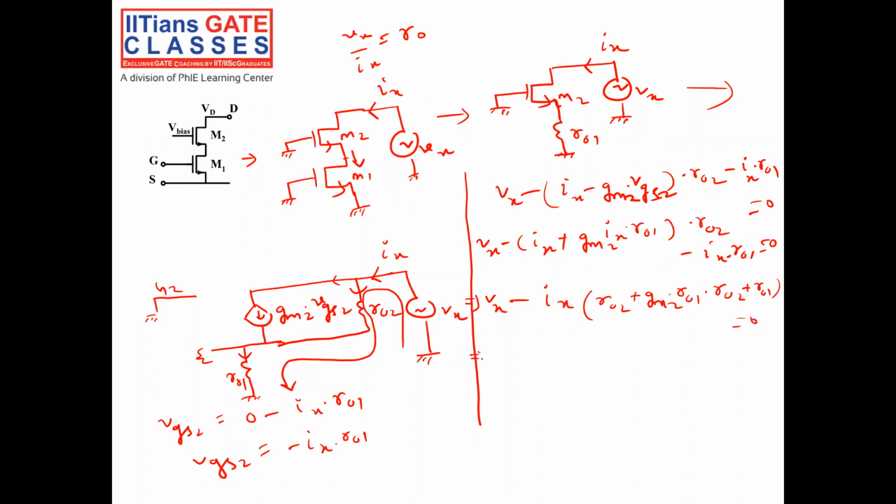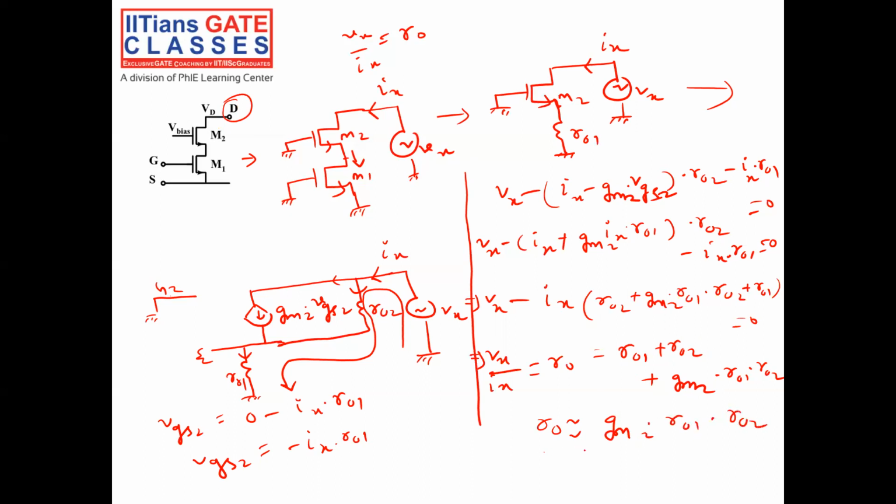So Vx by Ix is nothing but my R0, my overall output impedance of the combination looking from the D terminal. So it is equal to R01 plus R02 plus gm2 into R01 into R02. Since gm2 R01 R02 is very large compared to R01 and R02, I can approximately say R0 is equal to gm2 into R01 into R02.